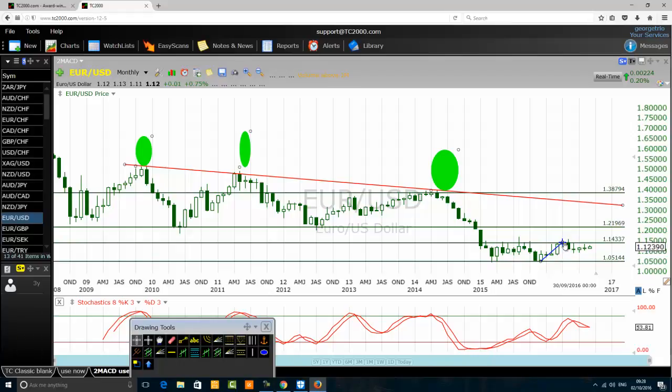Though on the higher time frame, it's just a correction, it has nothing to do with an impulse wave. But on your lower time frame, you know what is happening. Though it looks like a trend, you know it's a consolidation on the higher time frame.